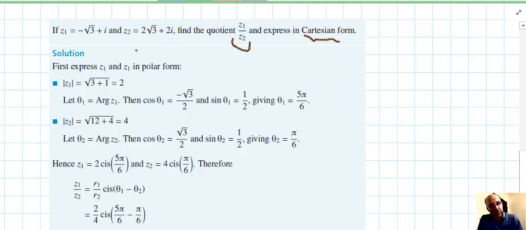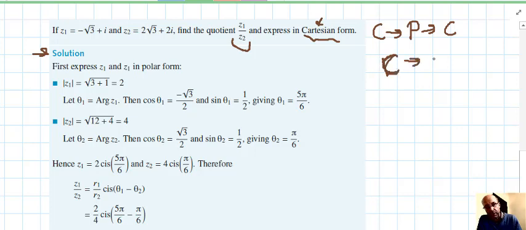This solution here is only one possible way. It says Cartesian form, so one way is to go Cartesian, polar, Cartesian. But it is possible just to stay in Cartesian. That's a C, believe it or not. So you don't have to convert this one to polar form, but it is a good way to demonstrate the division of complex numbers in polar form.